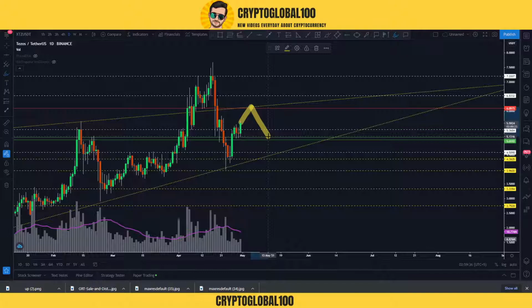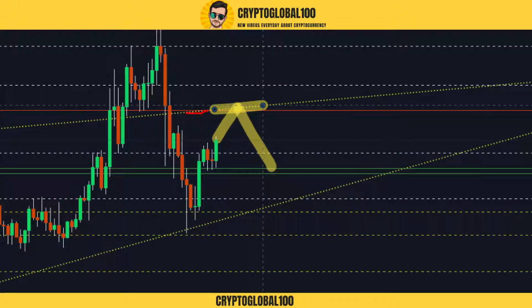Because of this trend line, we might see price rejection from this area and then a bounce back to this area, as well as this support. These two are the major zones I'm looking for.